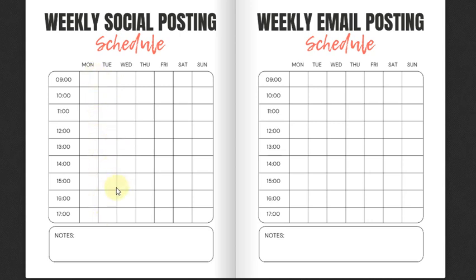So let's say that you decide you want to post maybe 3 times a day, and maybe you only want to post 3 times a day on Tuesdays, Thursdays, and Saturdays. Then you can schedule all that out using some of the auto posting tools. We'll put some of those at the bottom of this video in the description so that you can check out those tools. You can set your tool up so that it posts for you, so that you're not sitting in front of the computer having to post all day.